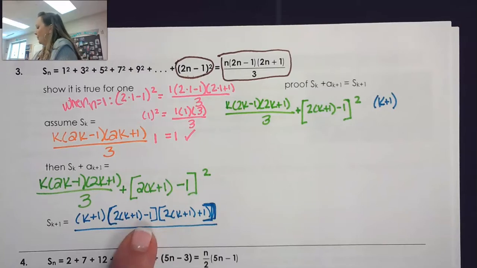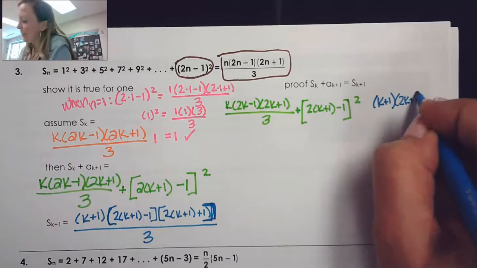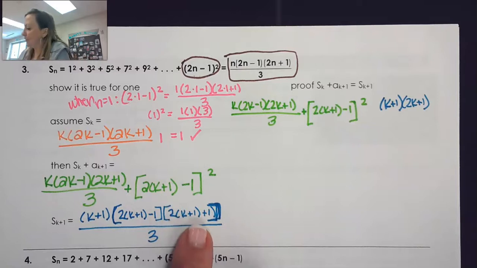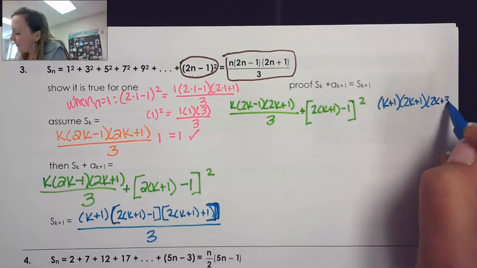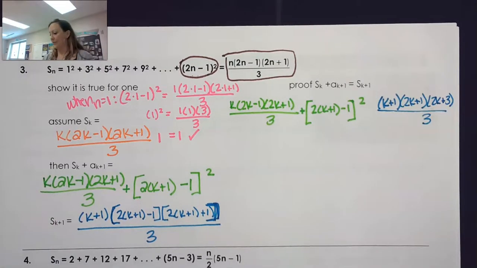So that ends up being 2k plus 1. Okay. Now what about 2 times the quantity k plus 1 plus 1? So that's 2k plus 2 plus 1, which is really 2k plus 3. And then all over 3.